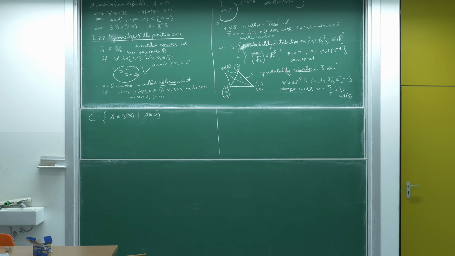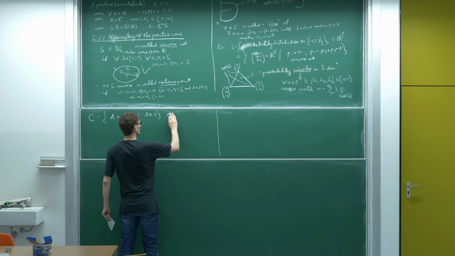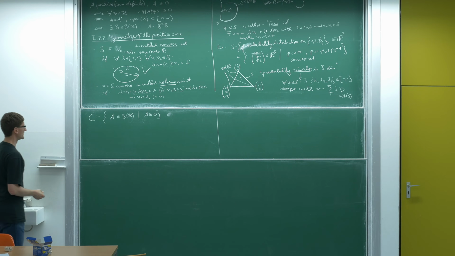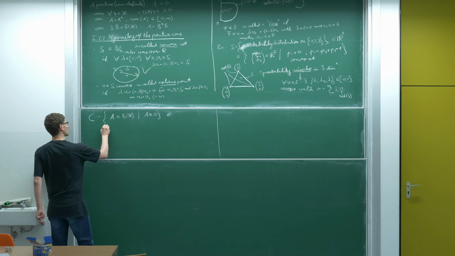It turns out that this is a real vector space, but not a complex vector space. Well, okay, it's just a set, and this is convex.